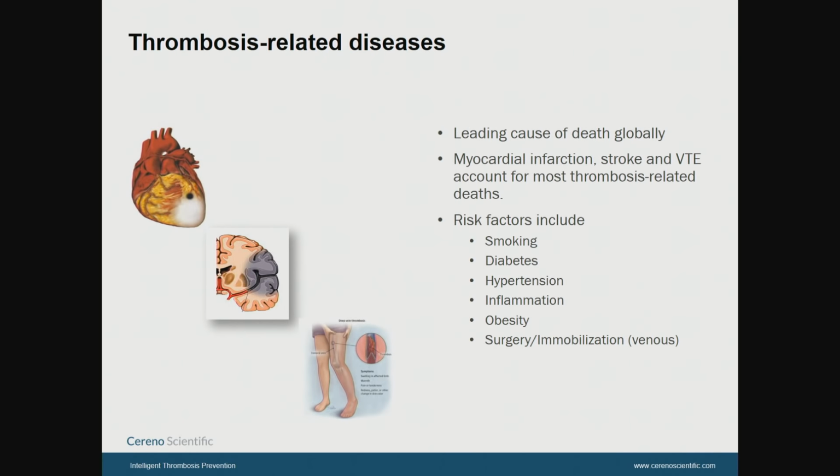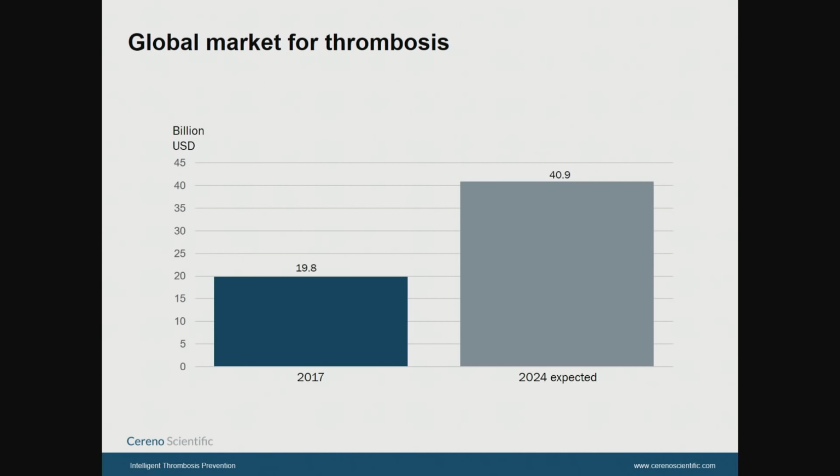It affects the vital organs mostly. The background for thrombosis is the welfare diseases, so to speak: smoking, diabetes, overweight, inflammation, and so on. So it's very common, and it's the most common cause of death.